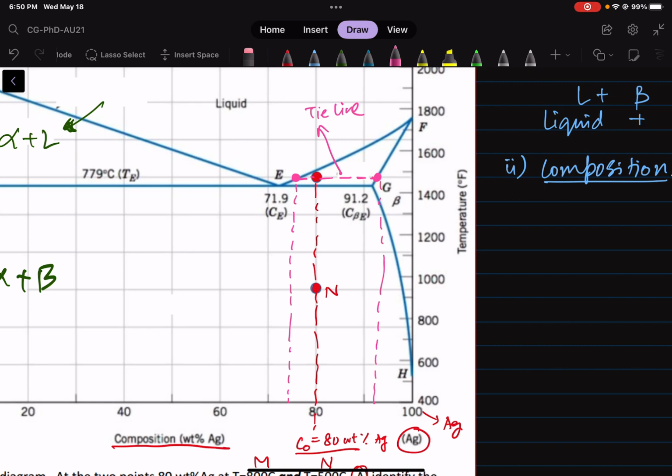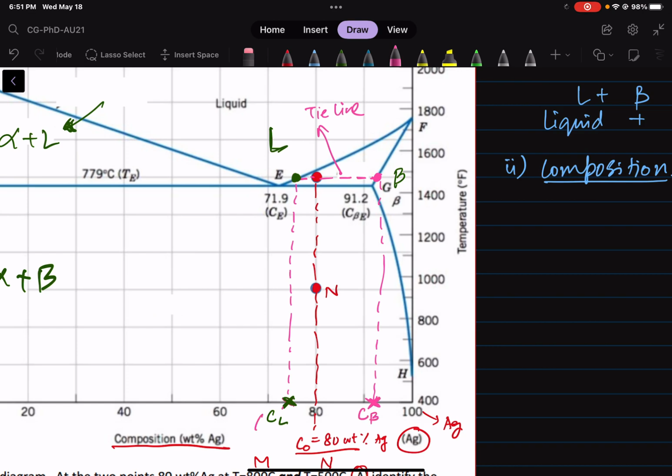And then mark where these verticals touch the x-axis, the composition axis, are the compositions that we need. So because liquid is on the left and beta is on the right, the point that I'm marking with green, this green cross mark, will represent the composition of liquid, and the one marked with pink, the pink cross mark, will be the composition of beta.